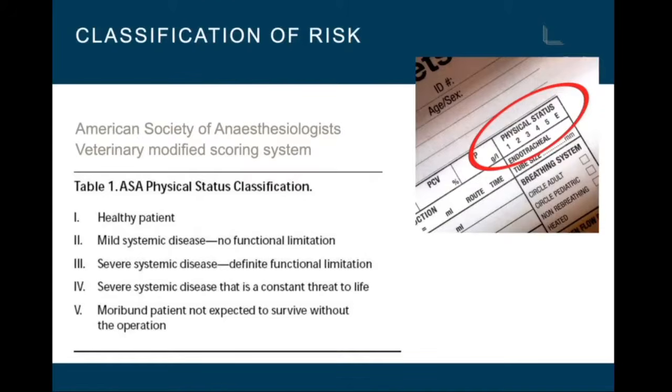It ranges from 1 to 5, 1 being a perfectly healthy patient, and as disease becomes more and more severe and inhibiting normal function of the animal, the scale increases up to 5, which is a moribund patient that is not expected to survive without the procedure. Additionally, an E for emergency can be added to any of these cases if it is not a planned procedure.